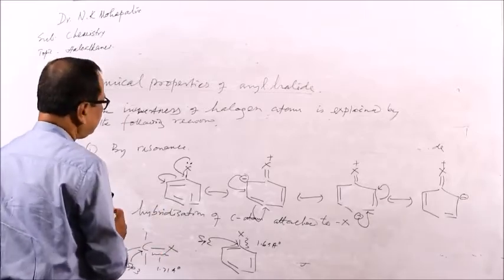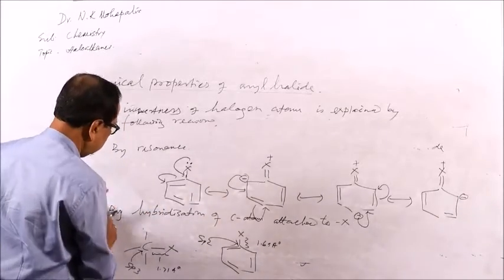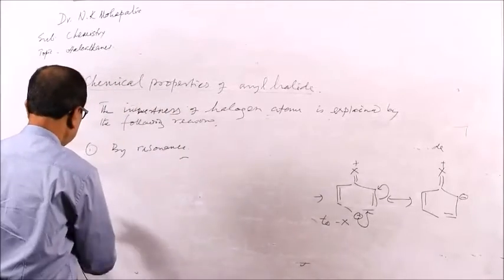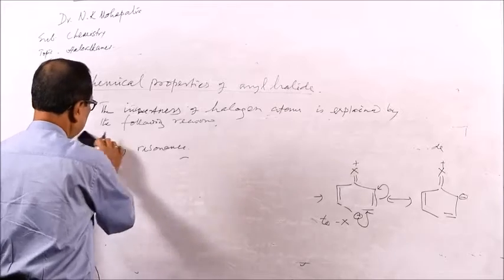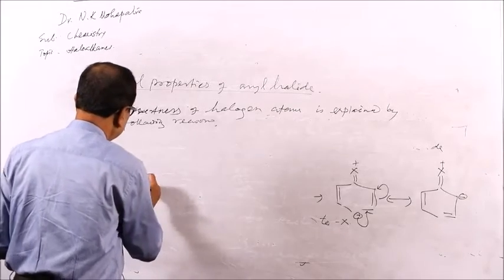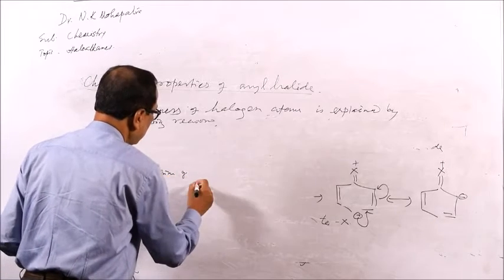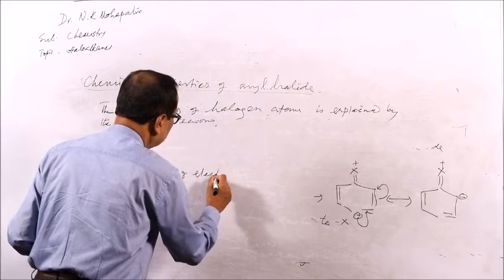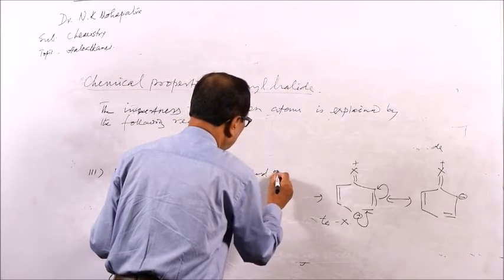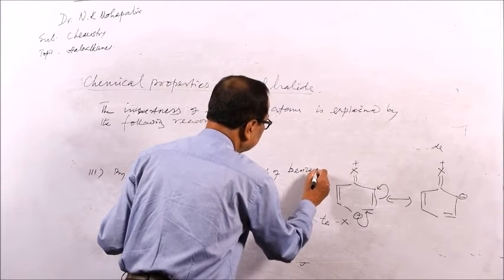The third point is repulsion of the electron cloud of the benzene ring.